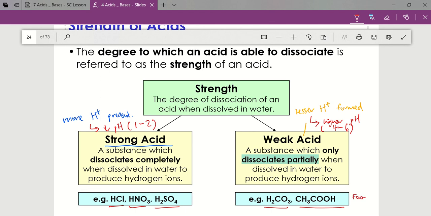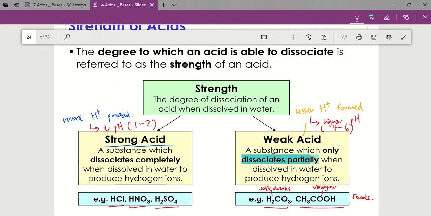This is our carbonic acid in soft drinks. This is vinegar. Of course, citrus fruits like our lemons, oranges, even apples, all those fruits contain acids, and they would fall under the weak acid category.